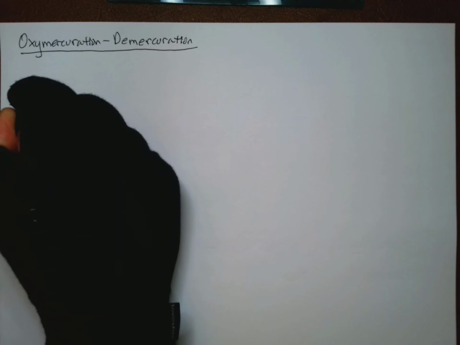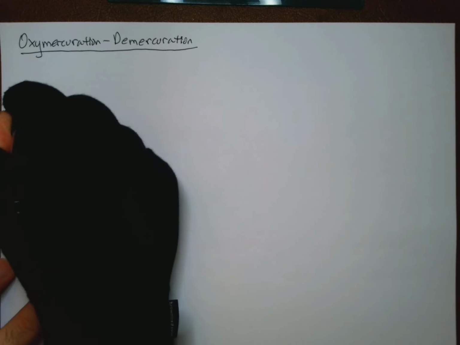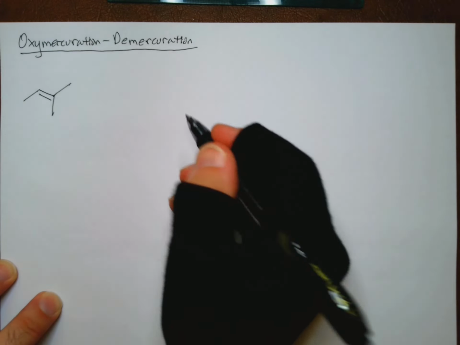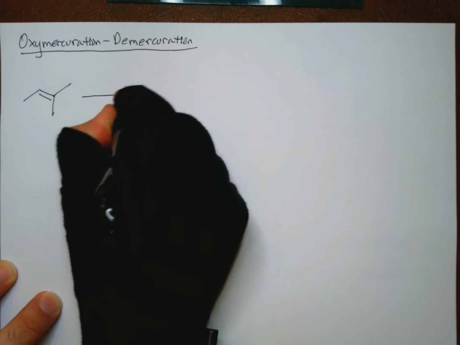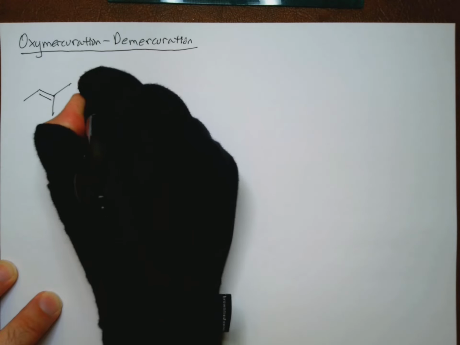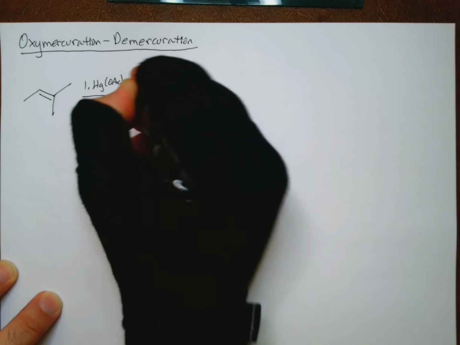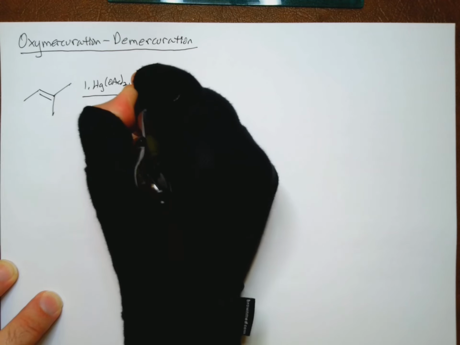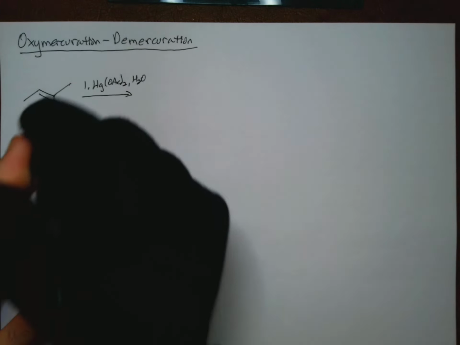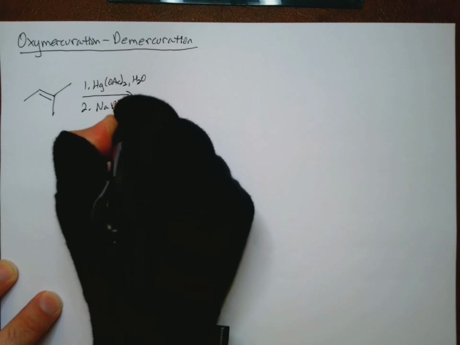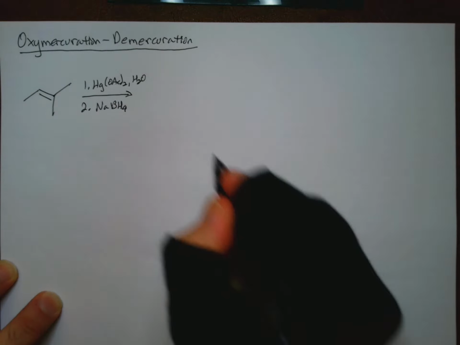Let's do the following. Let's take our same alkene. And what I'm going to treat it with is HgOAc2 and water. The text also says THF, but we'll ignore that. And then NaBH4, sodium borohydride.